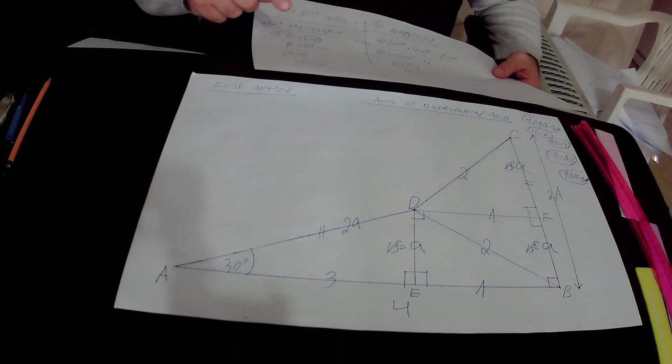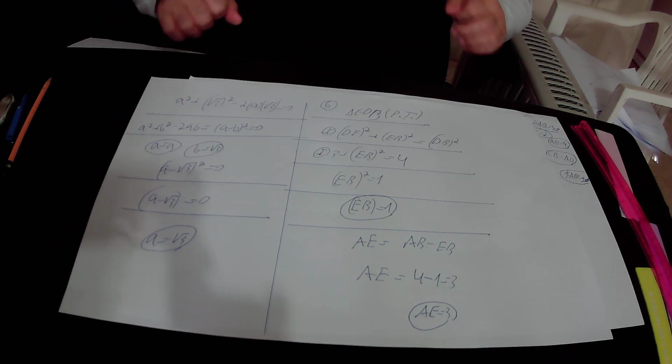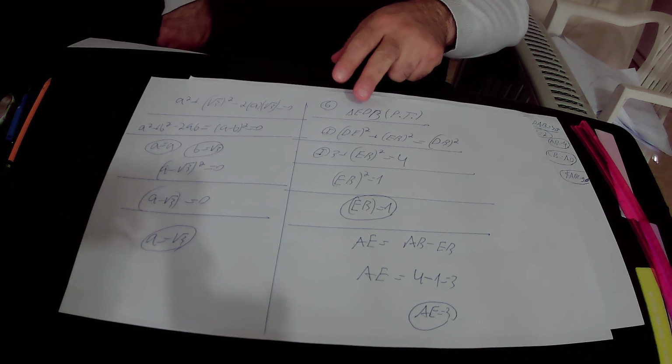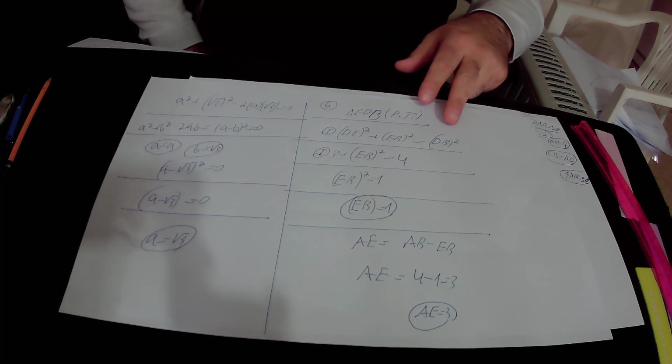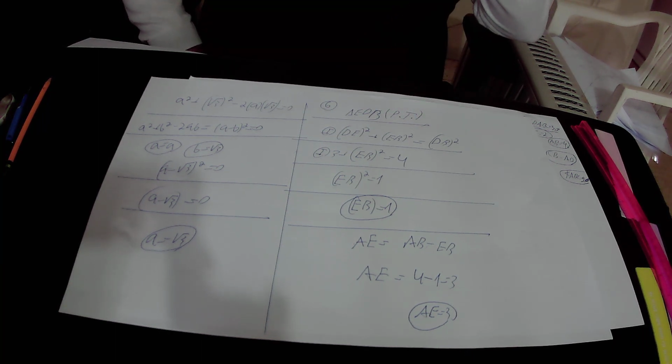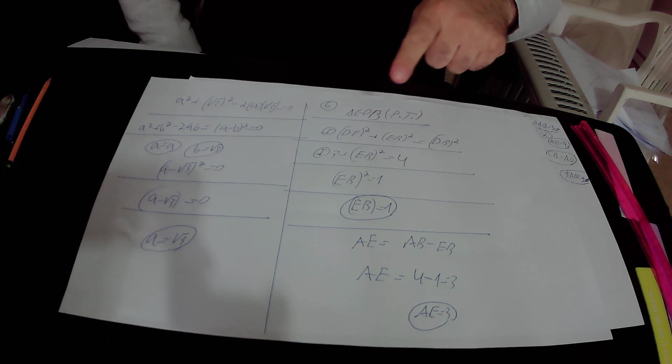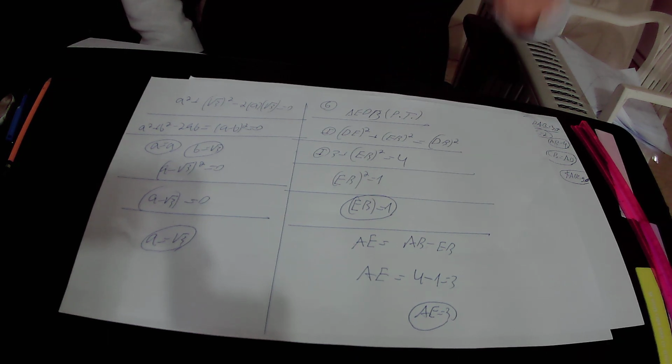In the right triangle, triangle DEB, according to the Pythagoras theorem, the square of the hypotenuse equals the sum of the squares of the perpendiculars, that is to say DE squared plus EB squared equals DB squared. DE equals square root of 3, so DE squared is the square root of 3 squared, which is 3. EB squared is EB squared, and DB equals 2, so DB squared is 2 squared, which is 4.